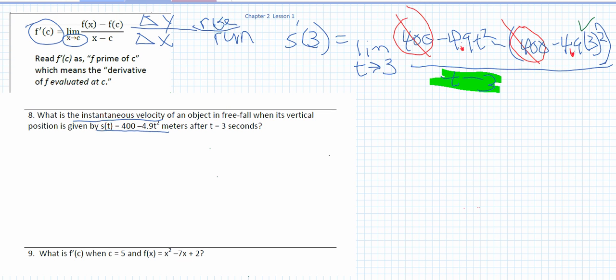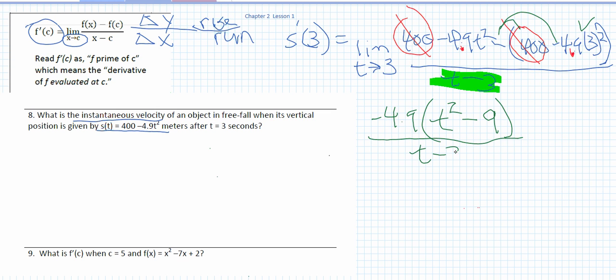Recall that you distribute that negative to the other negative sign, which becomes positive. We could factor out 4.9, but we also could easily factor out a negative 4.9. So we have negative 4.9, and if we factor a negative out, then that t squared becomes positive, and then we have our 3 squared, 9, with t minus 3 on the bottom.